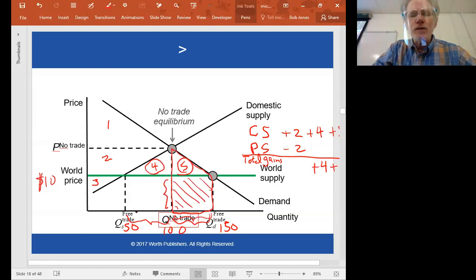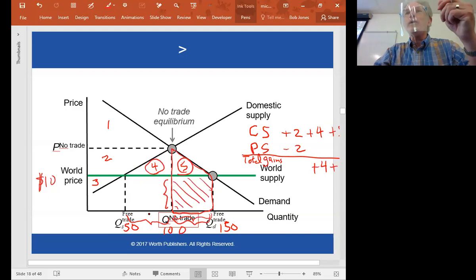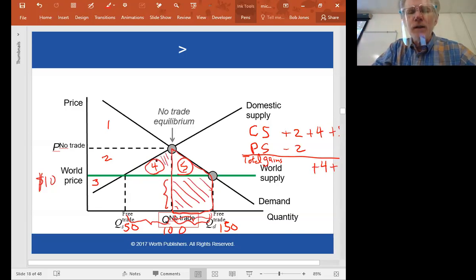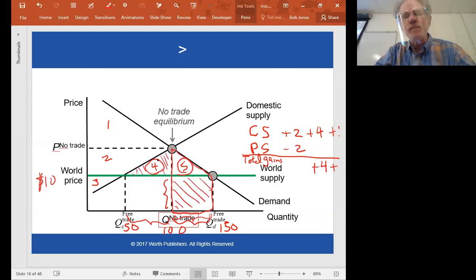It's now just this rectangle. Because we can now purchase this 50 million from foreign producers who can produce at a lower cost than US producers can, the cost of getting this 50 million units is now lower than it was before. And the reduction in cost is represented by this area 4.